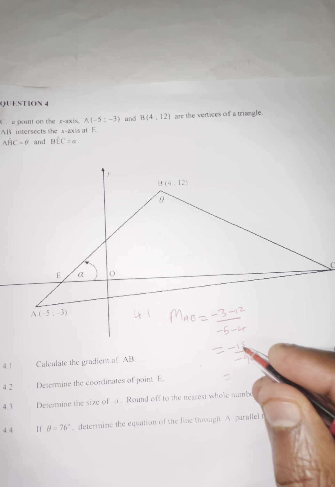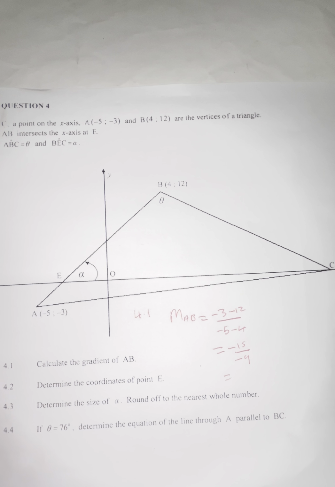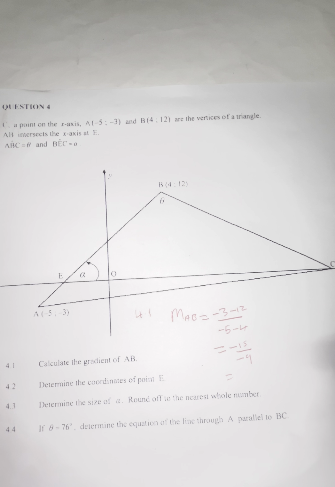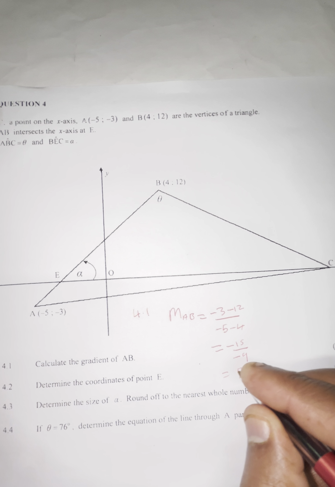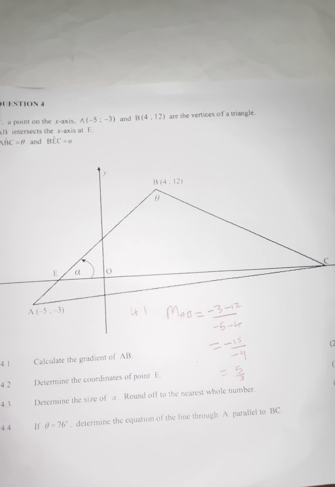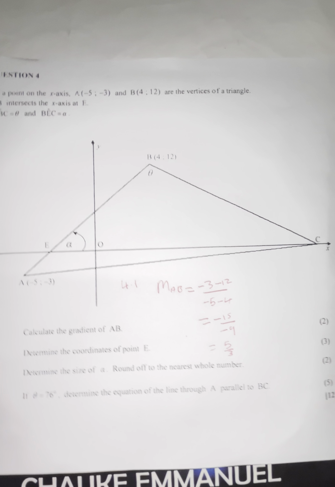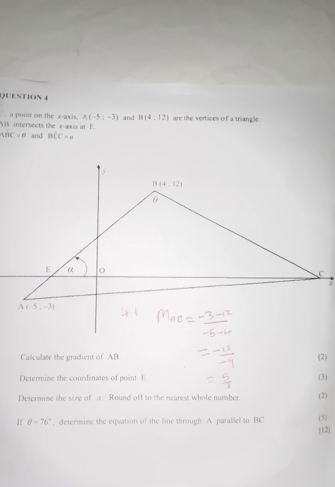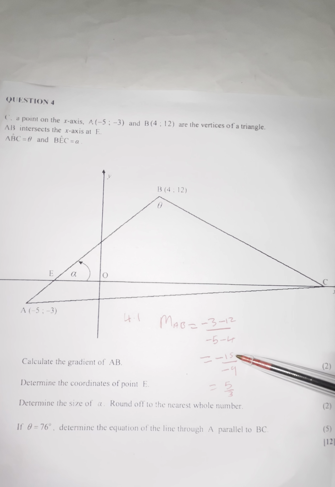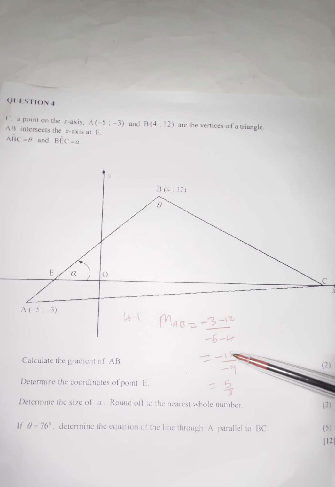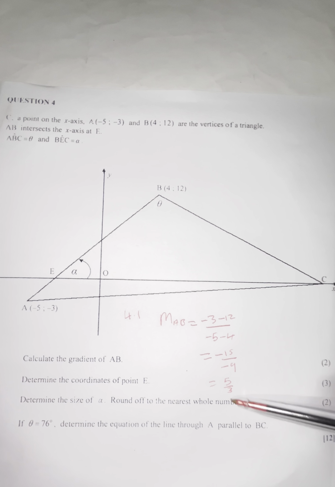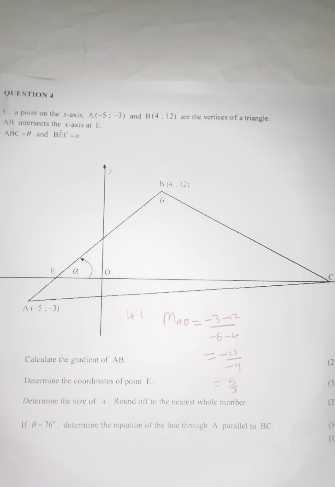So you check the common factor of 15 and 9. It will be 5 divided by 3, because negative divided by negative is positive. The highest common factor in this case is 3. So 3 goes how many times into 15? 5. Into 9, 3. So that's the gradient of the line AB.